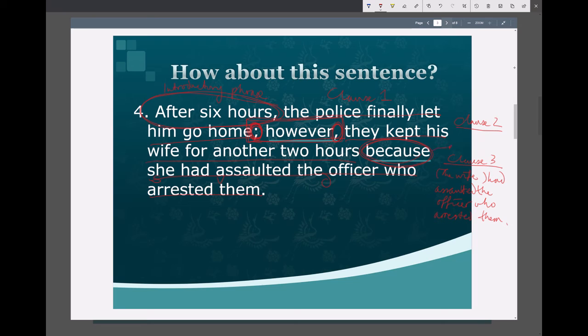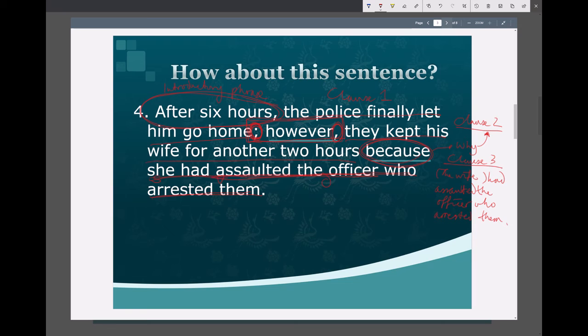And clause 3 explains why the police kept his wife for another 2 hours. Well, here clause 3 explains that the wife committed another crime, or an actual crime that we see in the sentence, assaulting a police officer.